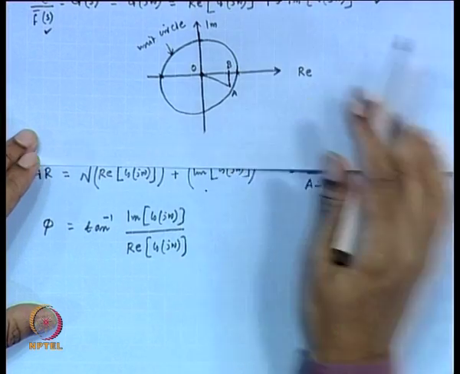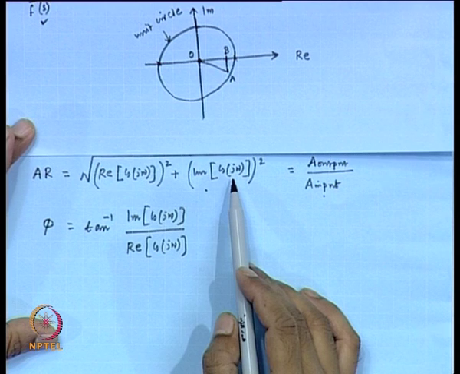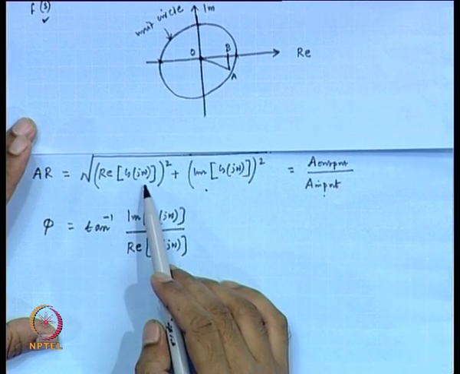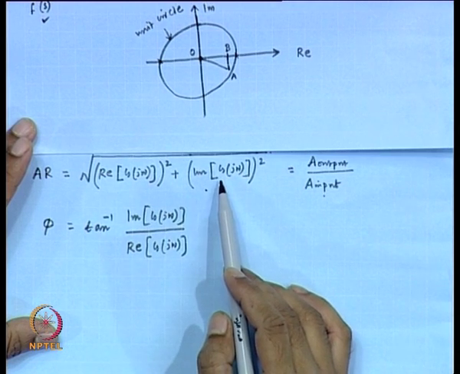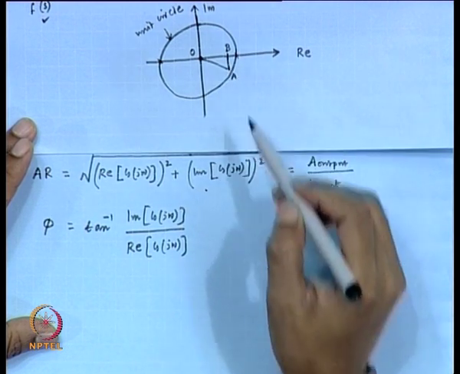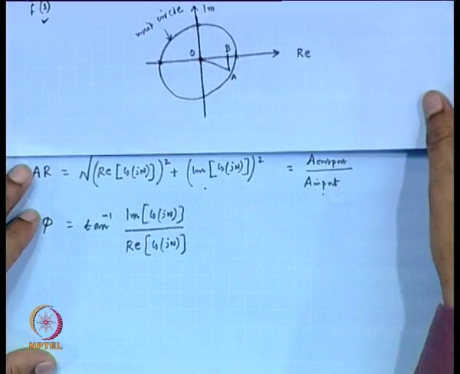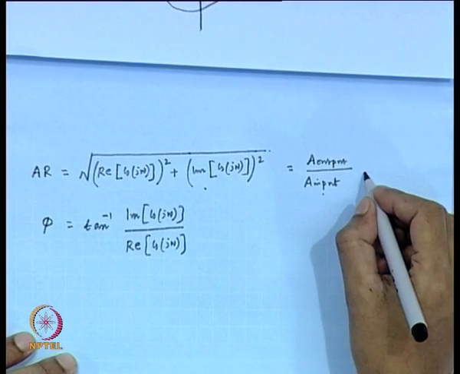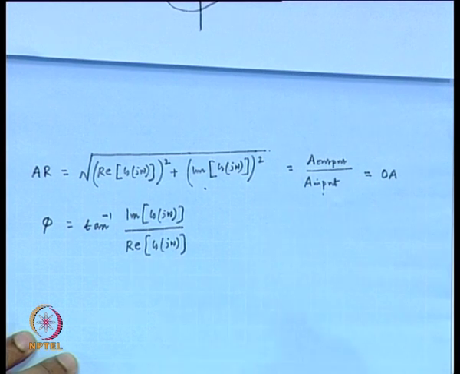Agree? Square root of real part square plus imaginary part square, then this OA represents the amplitude ratio.